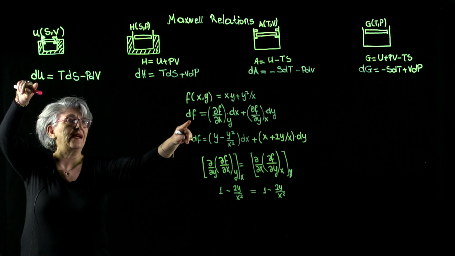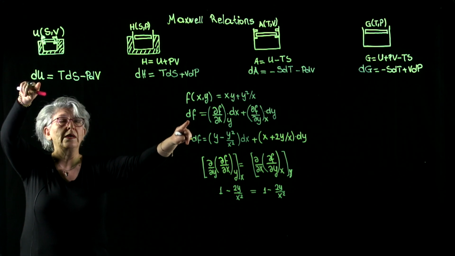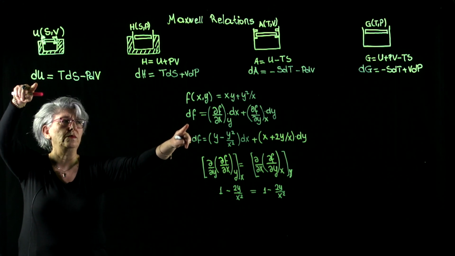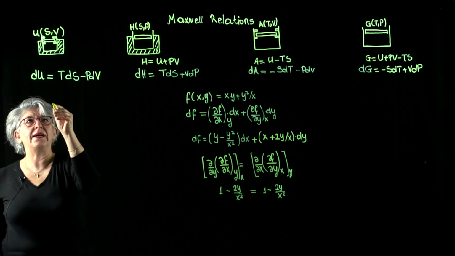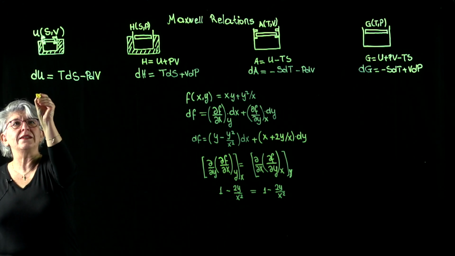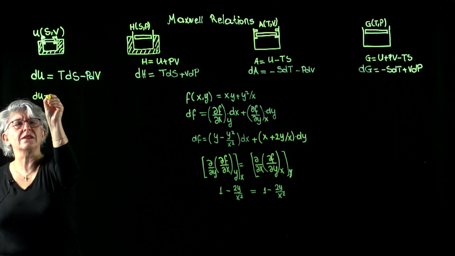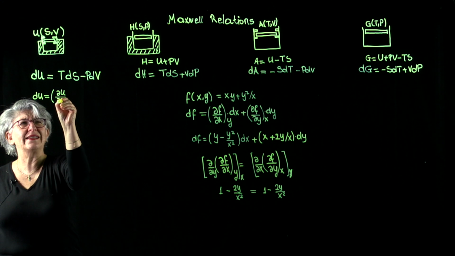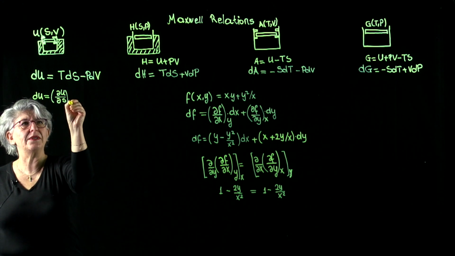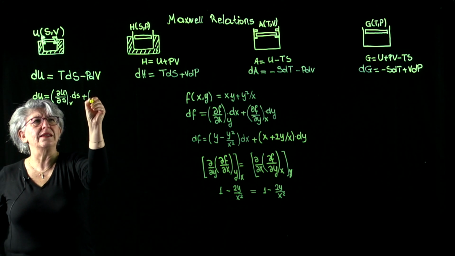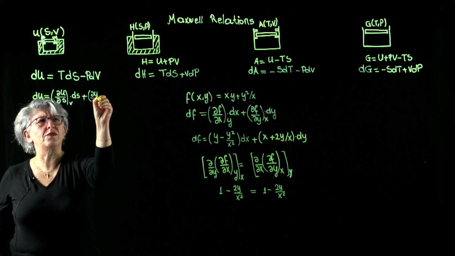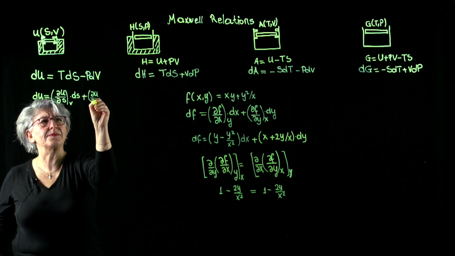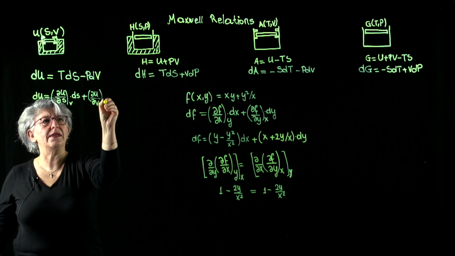Now, if my f is u, my df is du, and here du is del u over del s, keeping v constant times ds, plus del u over del v, keeping s constant dv.